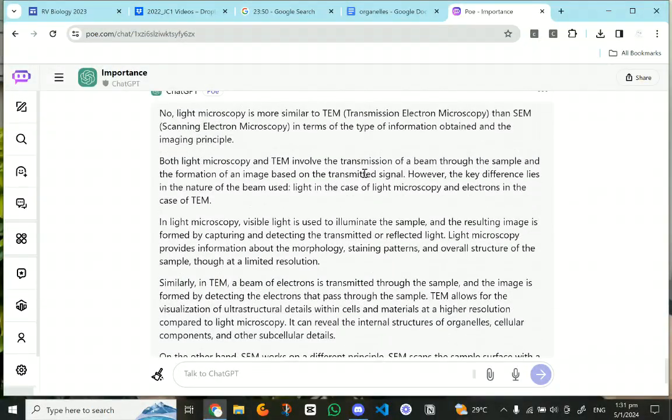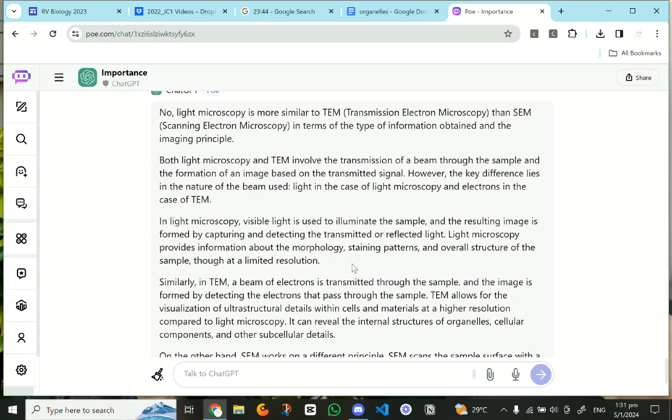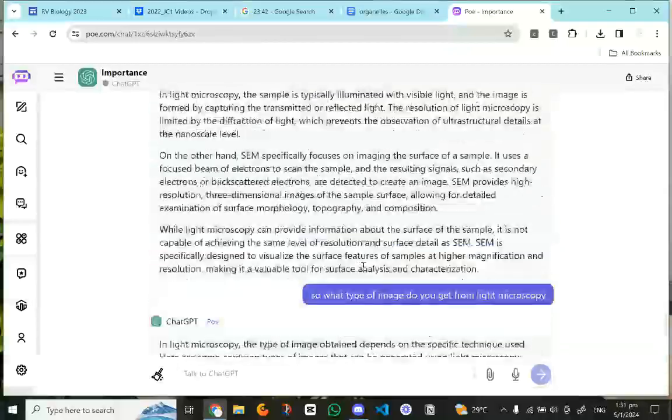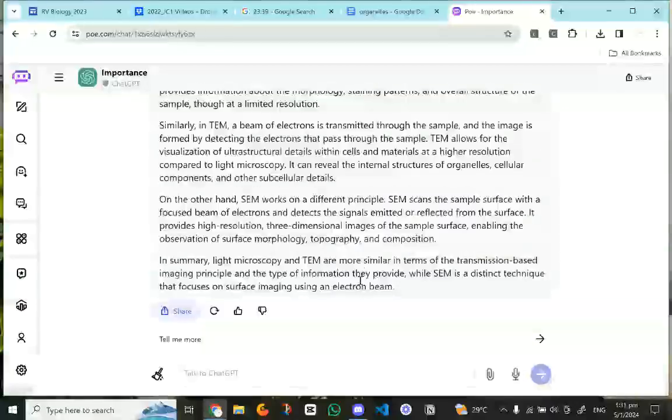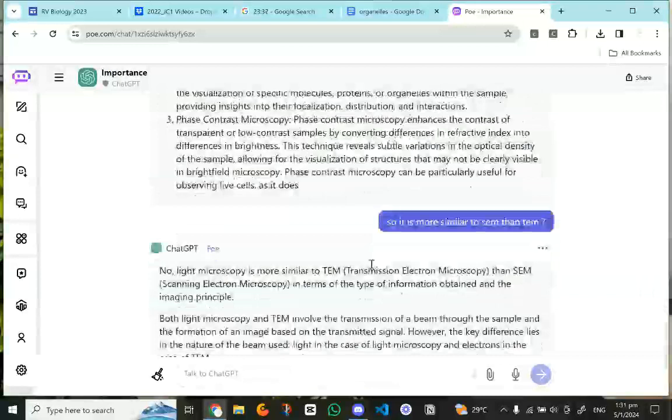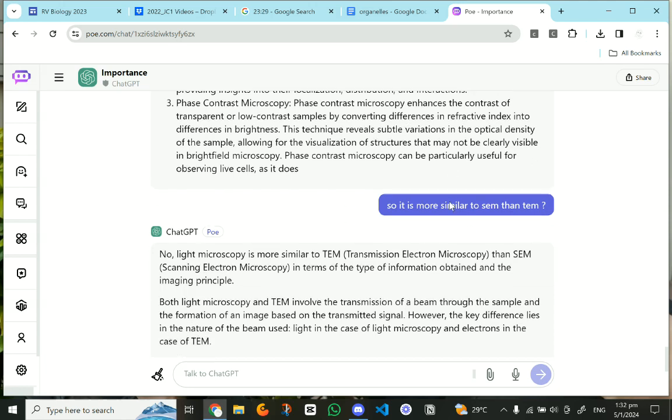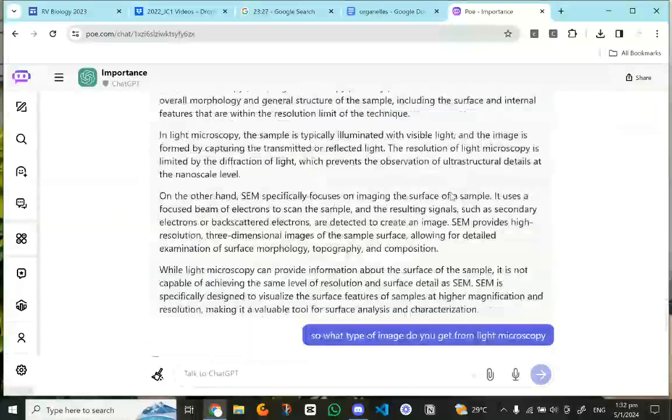Let me read this, unless I messed up. Yeah. But this is very weird because TEM can detect the ultrastructure of cells, but light cannot.